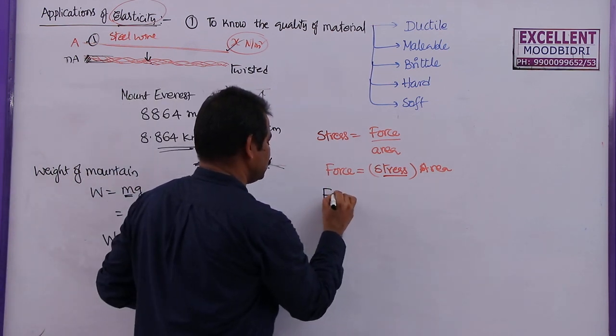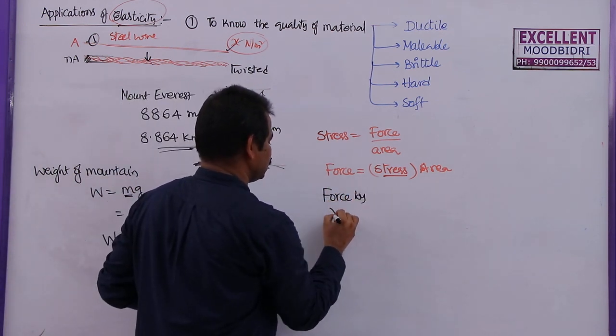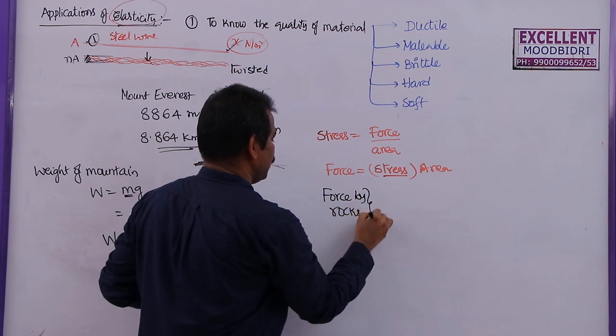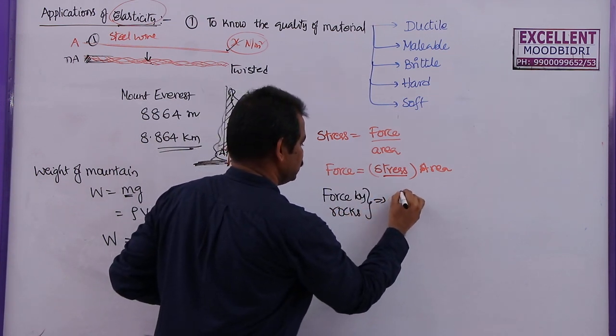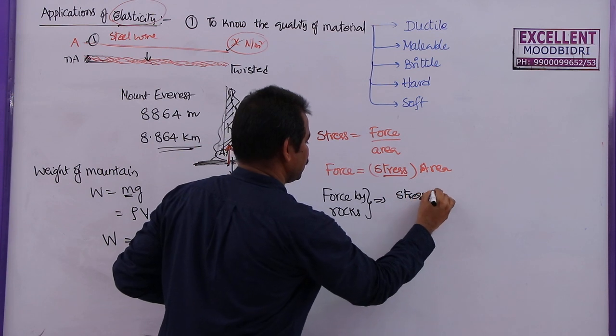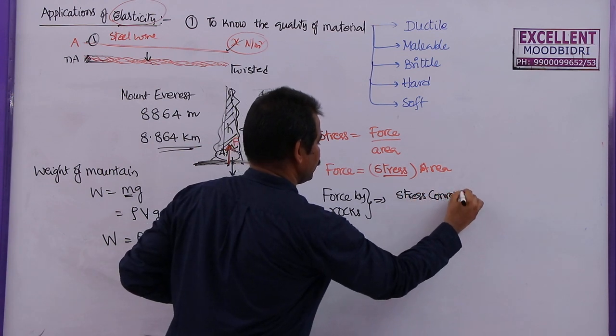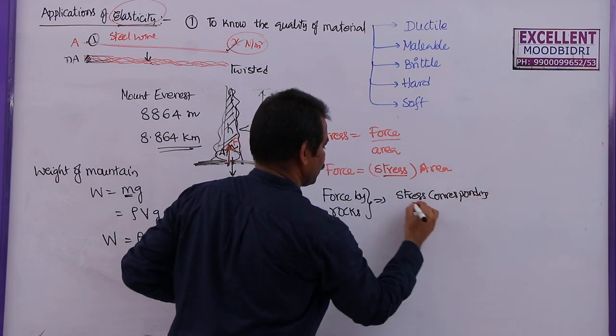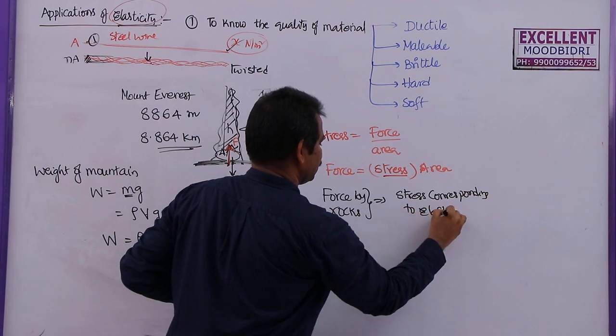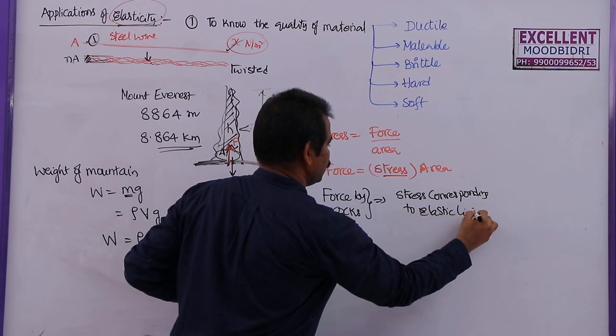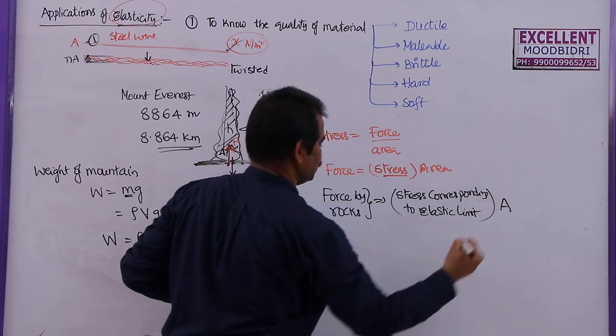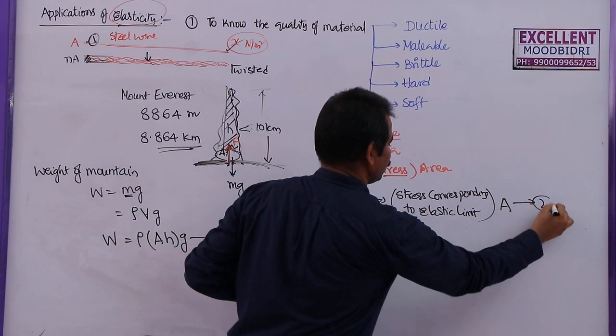So the force that can be applied by the rocks on the mountain is the stress corresponding to the elastic limit into the area of cross section. So this is equation 2.